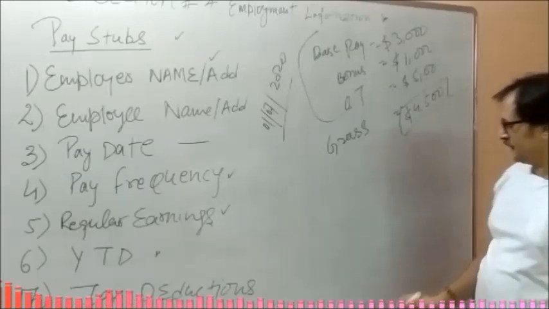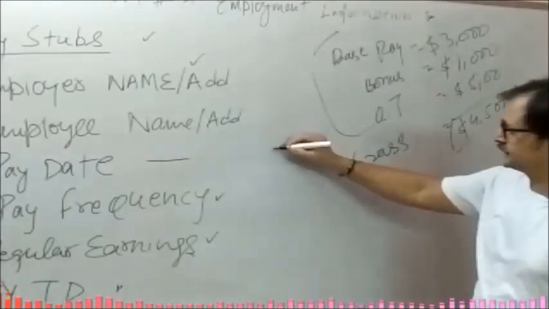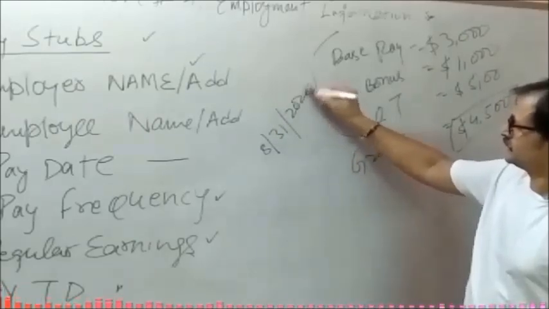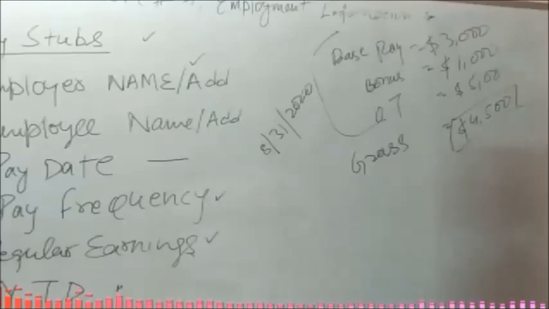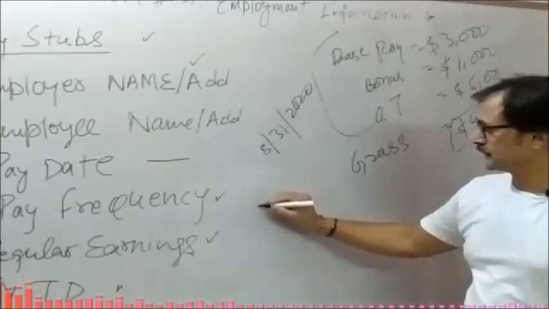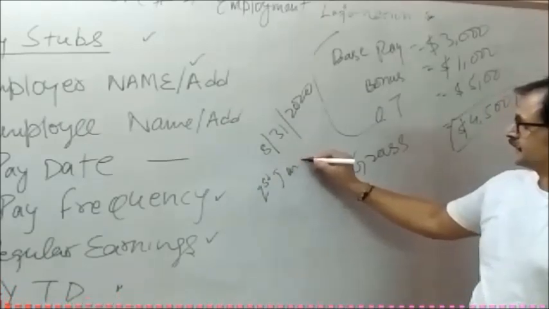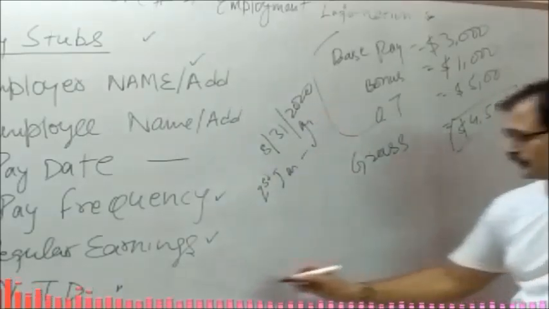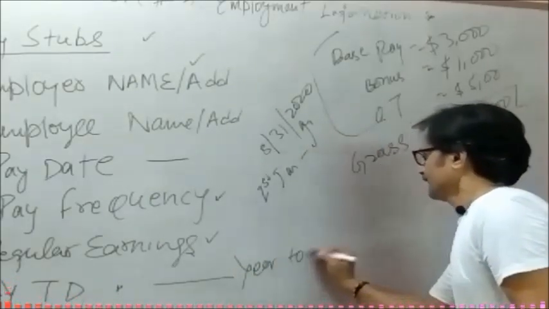Now maybe the pay date is 8/31/2020, that was the payment he was given. Then I also need to check the total income he earned from 1st Jan till this date. That is what the year to date income is. Year to date.